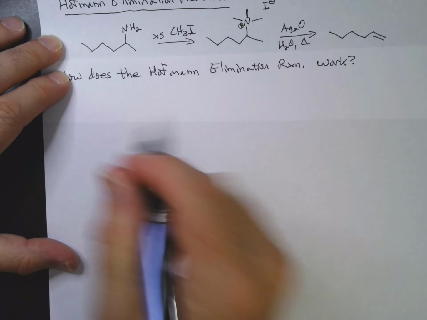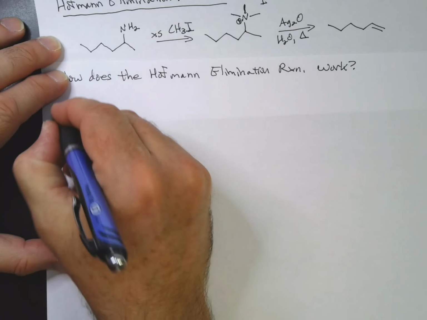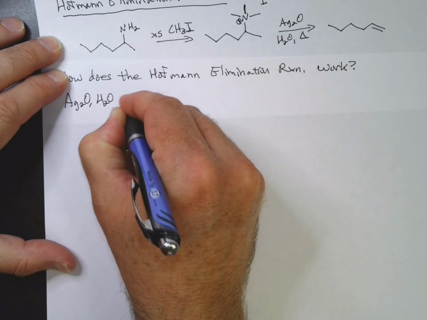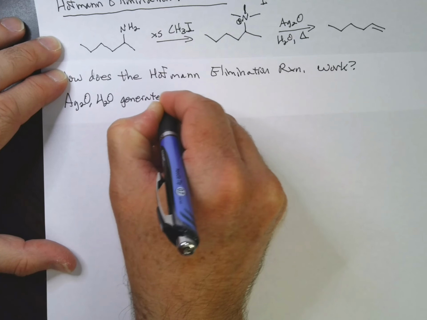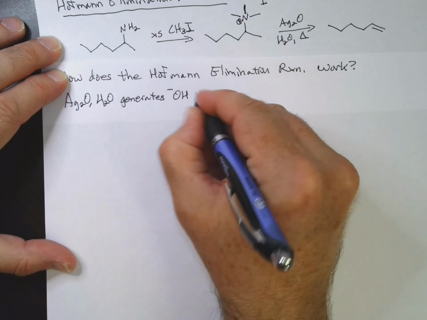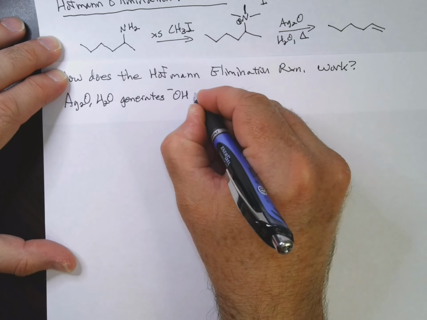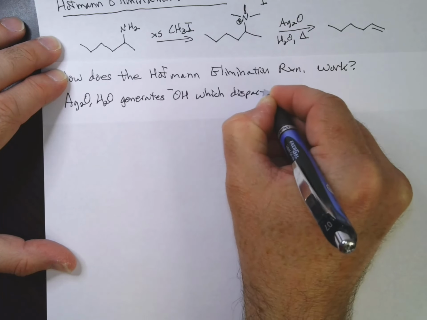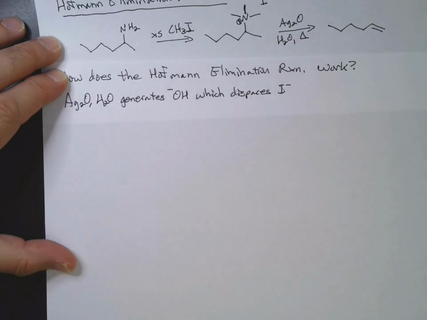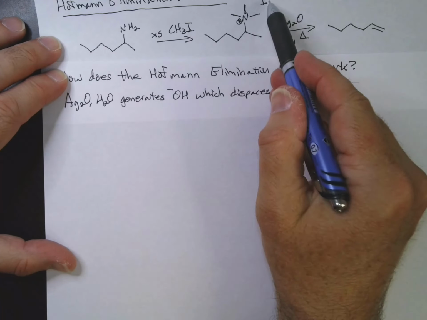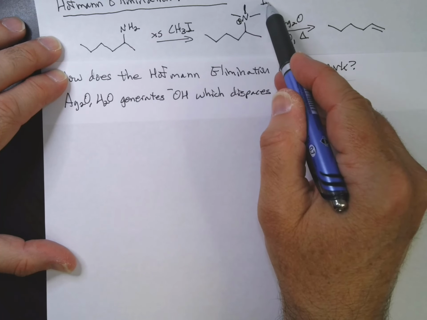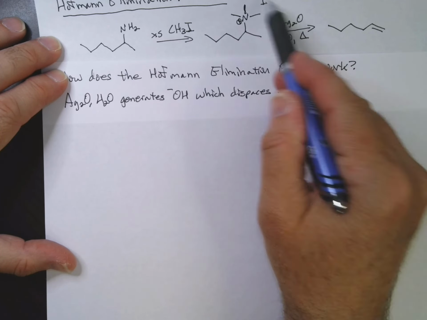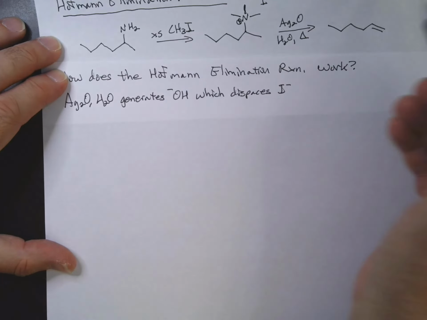So what we actually have is the following. We have Ag2O, H2O generates OH minus, which displaces I minus. So essentially, instead of having our I minus complex here, the I minus grabs onto the silver and precipitates.